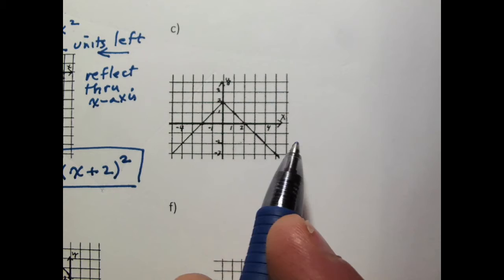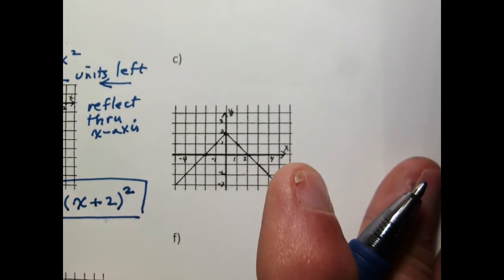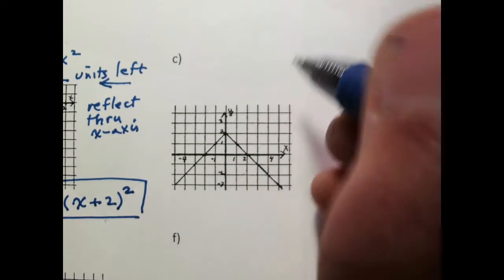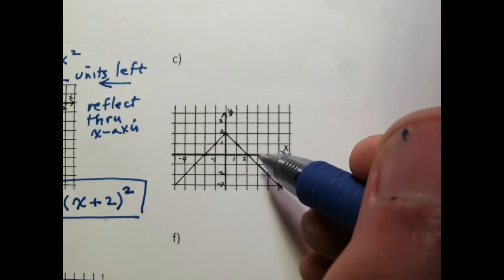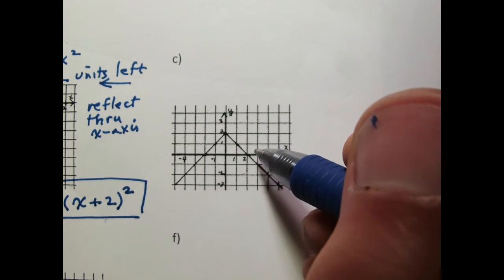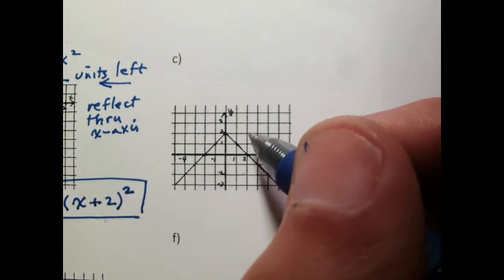Okay, third part C, absolute value. I see two operations going on, so maybe I should slow down. It's an upside down absolute value graph.